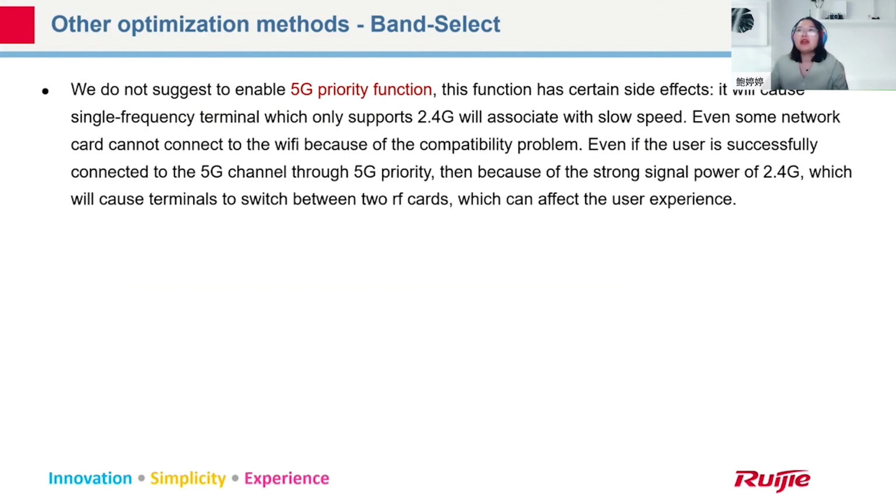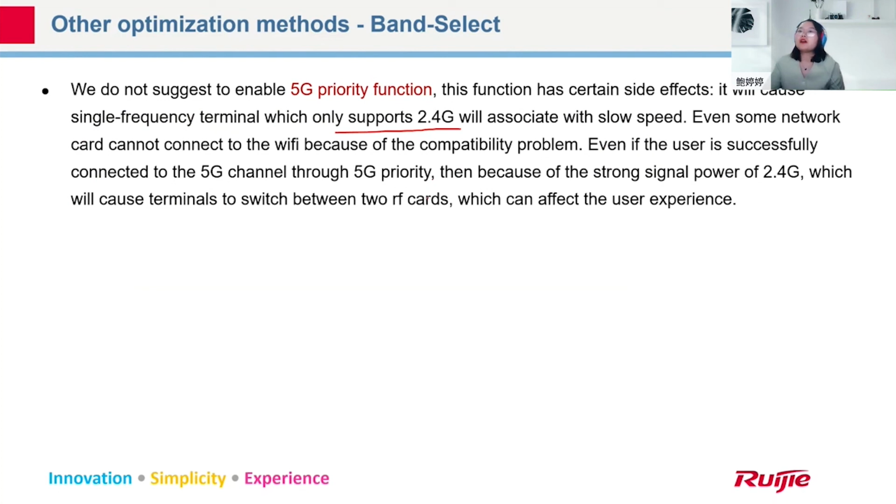But if we enable the 5G priority function, it will cause single-frequency terminals which only support 2.4G to be associated with slow speed, because not all of the terminals can support 5G. Even now in real networks, not all the terminals can support 5G.